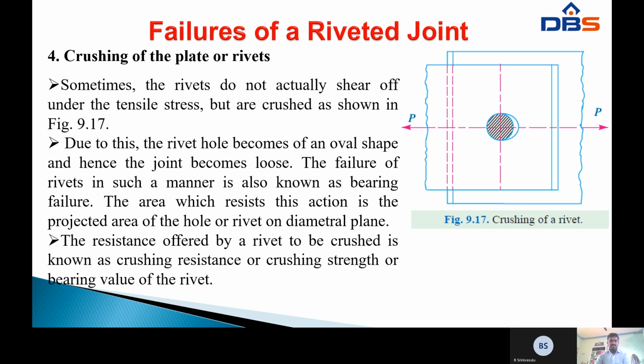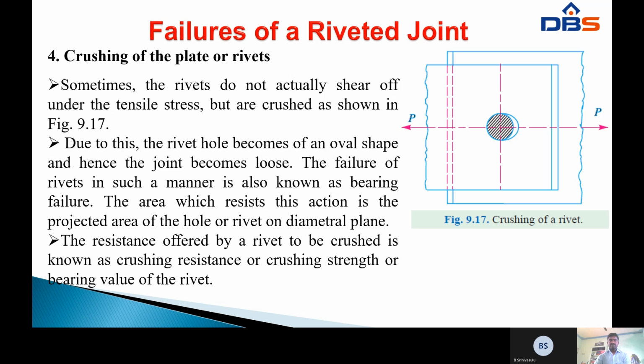The failure of the rivets in such a manner is also known as bearing failure. The area which resists this action is the projected area of the hole or rivet on the diametral plane. The resistance offered by a rivet to being crushed is known as crushing resistance, crushing strength, or bearing value of the rivet.